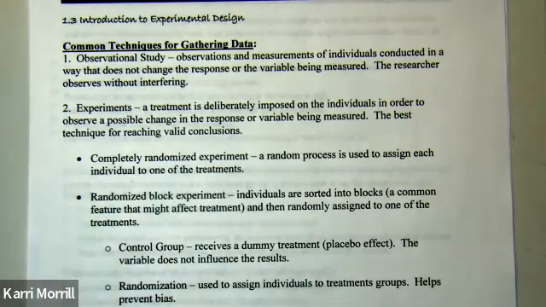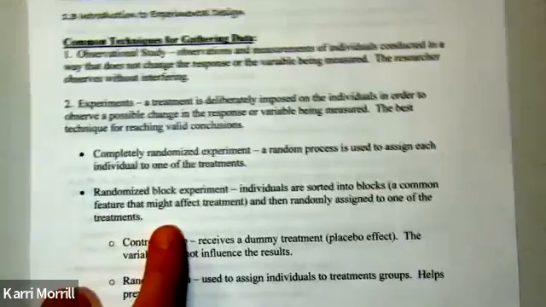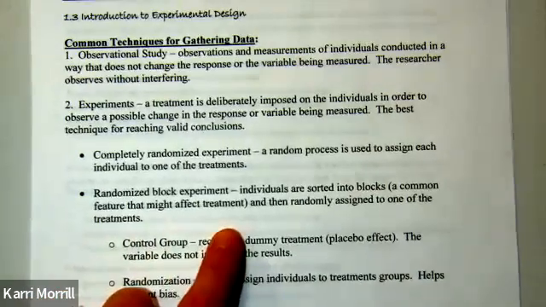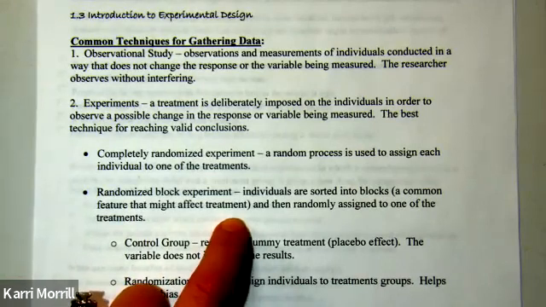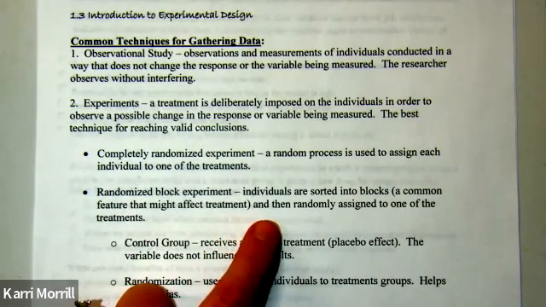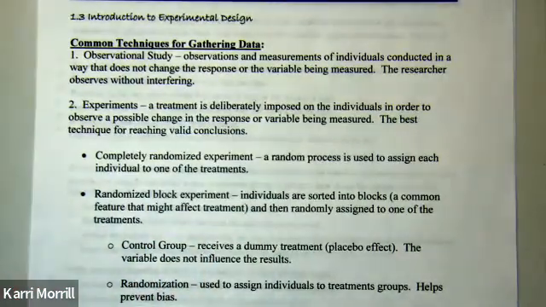So maybe individuals are sorted into blocks. You might think about classrooms or something, and then they randomly pick those classrooms of people. A common feature is that individuals are sorted into blocks by a common feature that might affect treatments. If you're talking about the medical world, something that they're testing, and then they're randomly assigned to one of those treatments. So like a room of people could be assigned to a treatment.